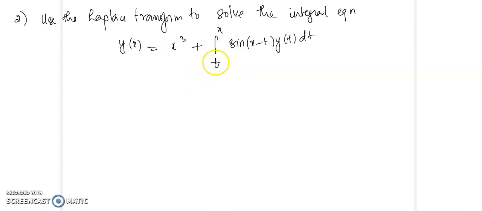So this is an equation which involves integrals. Here x is the independent variable and y is the dependent variable. Our aim is to solve for the value of y. These types of equations are called integral equations.